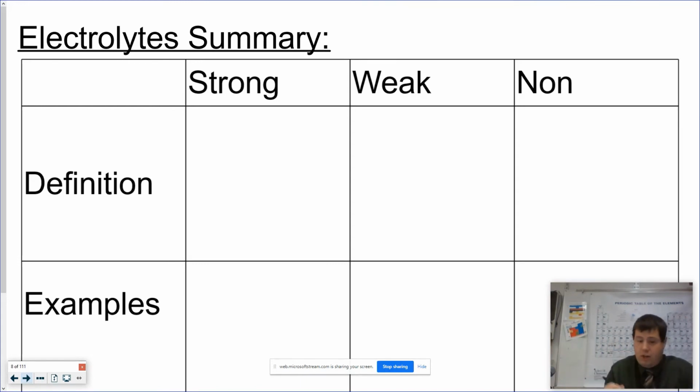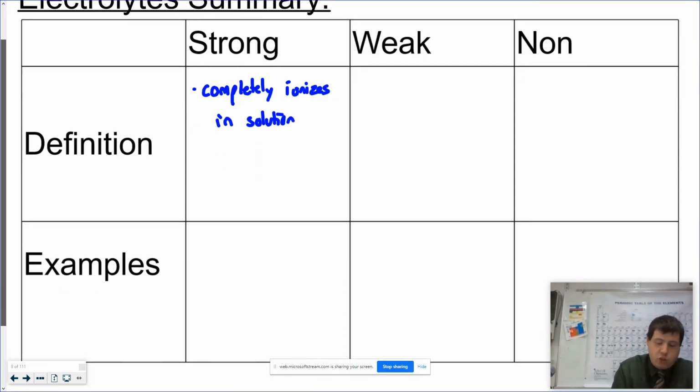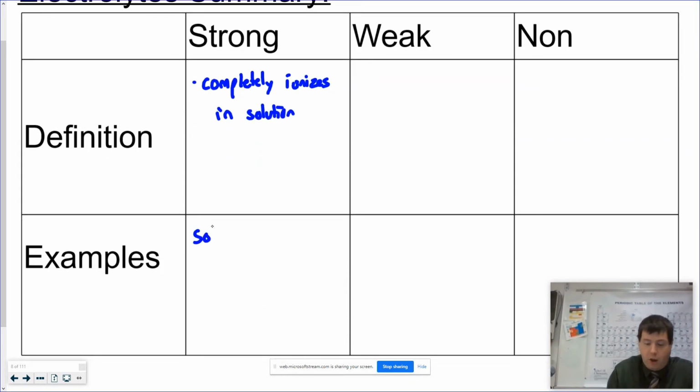The definition of a strong electrolyte is that it completely ionizes in solution. And the examples of a strong electrolyte are soluble ionic compounds. So any ionic compound that is soluble is a strong electrolyte, as well as the strong acids.